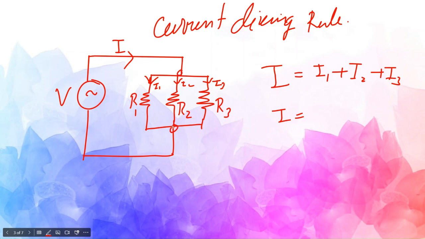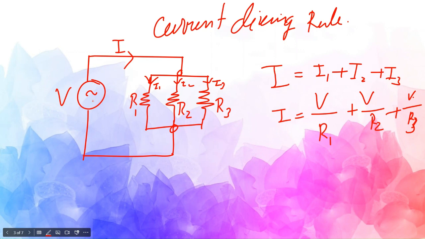Across all the resistances the same voltage will be applied. So this is V by R1 plus V by R2 plus V by R3, right? So you are going to get the total current.